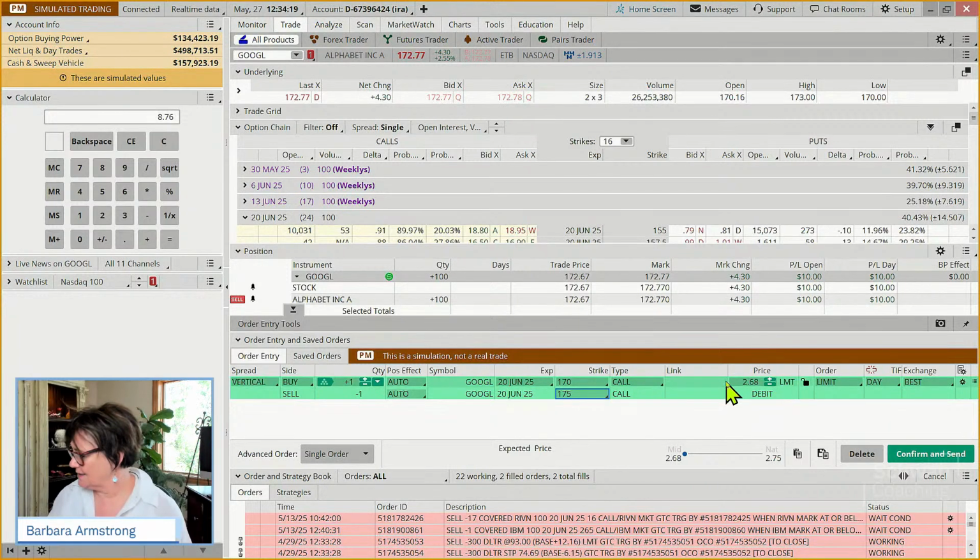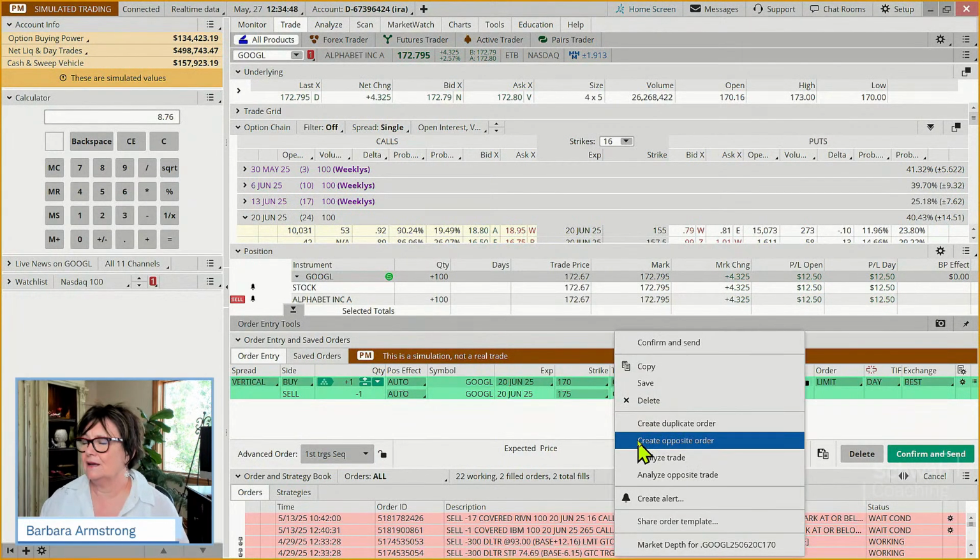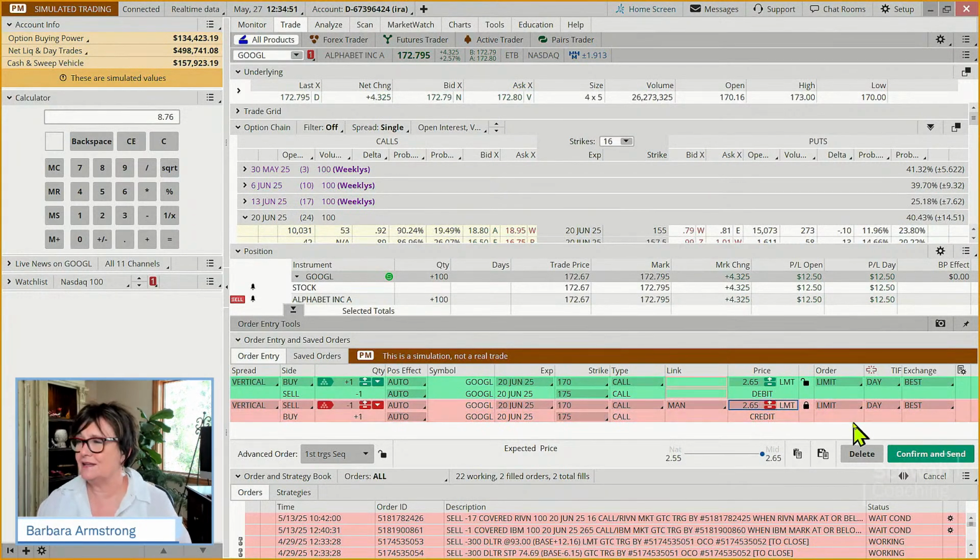Okay, so if I look at that and say, what might a target be? Well, your target might be a 25% gain or a 50% gain. If it was 25%, it's currently trading at 265. If it gets to the point where it's worth 330, that's about a 25% gain, or 335. So I'm going to create an opposite order and say, if this gets to the point where it's worth 335, sell it and I'd like to take my gains.